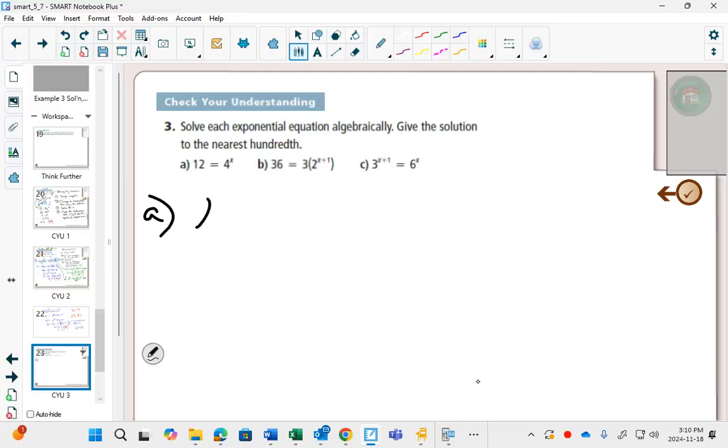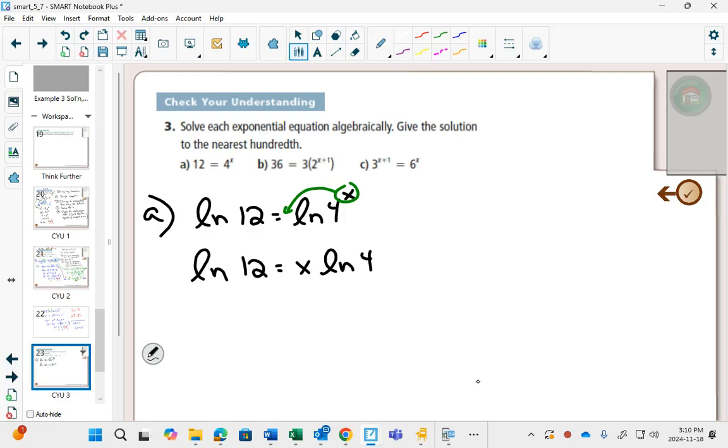Then take the log or the natural log of both sides. And that allows you to use your log law to bring that exponent out in front. I can get x by itself by dividing both sides by the natural log of 4.